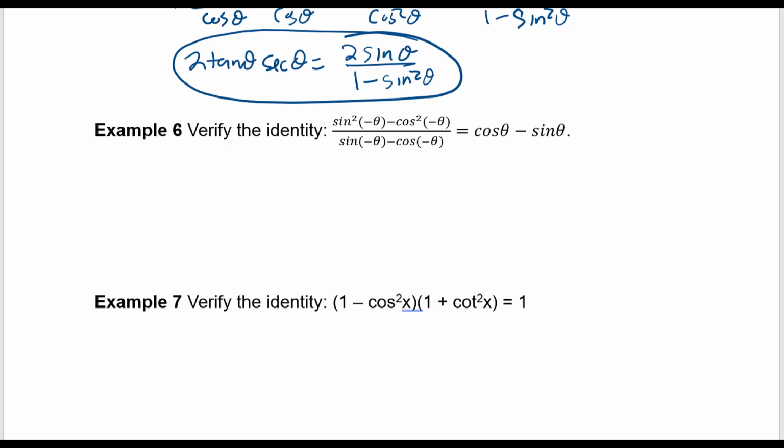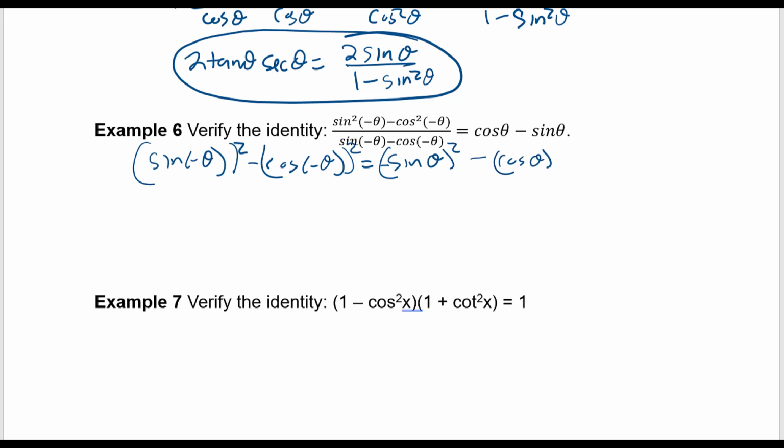What I want to go through first is that we have basically sine of negative theta, and we're squaring that amount, minus cosine of negative theta, and we're going to square that amount. So sine of negative theta is the negative of sine theta, and we're going to square that amount, minus, and then the cosine of negative theta is just cosine of theta, and we're going to square that amount.